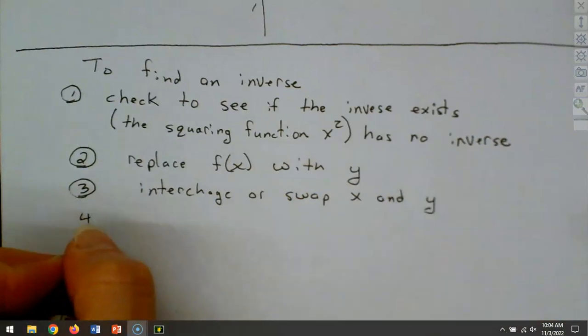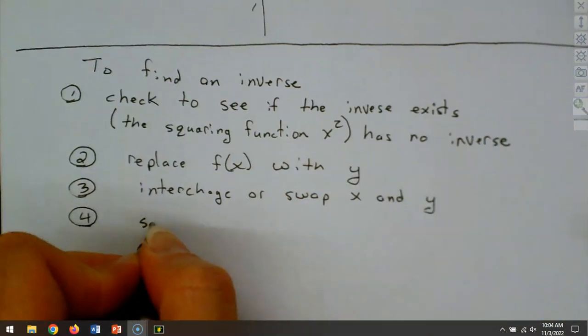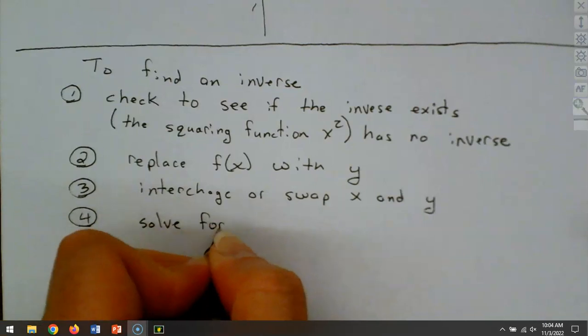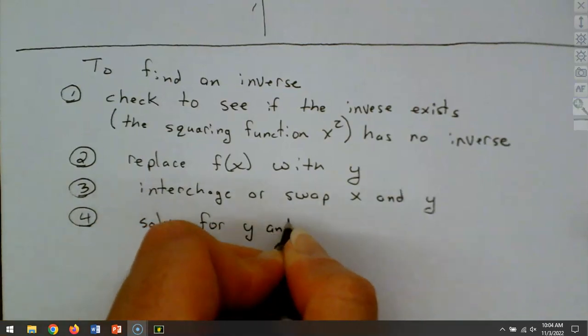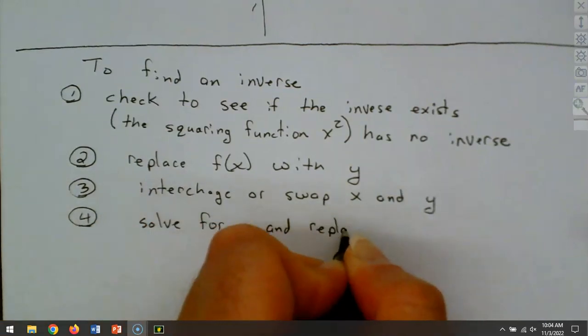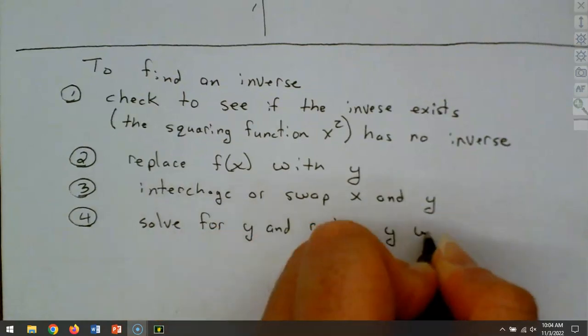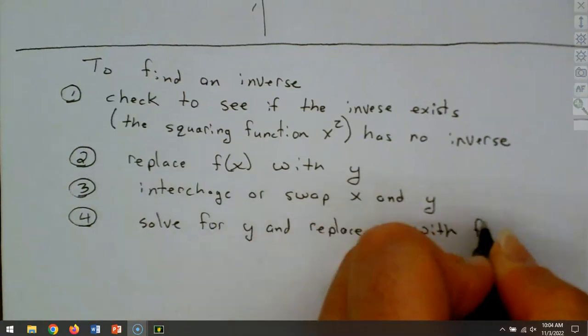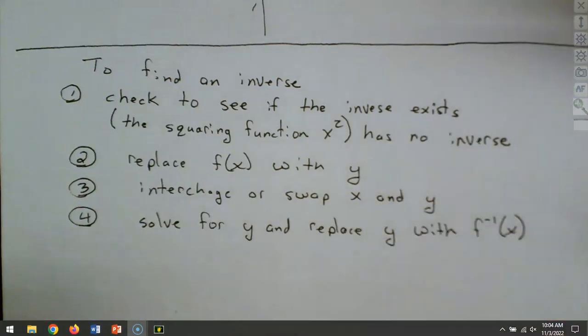And then your last step is you solve for y and replace y with f inverse of x. So this is our step-by-step procedure for finding an inverse.